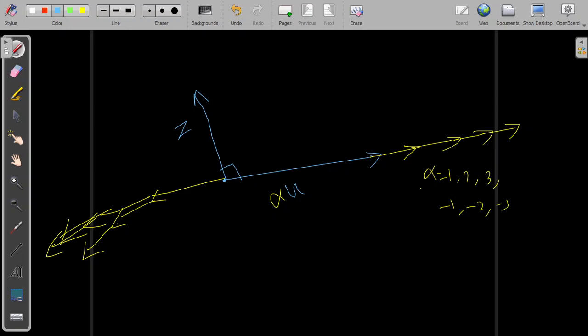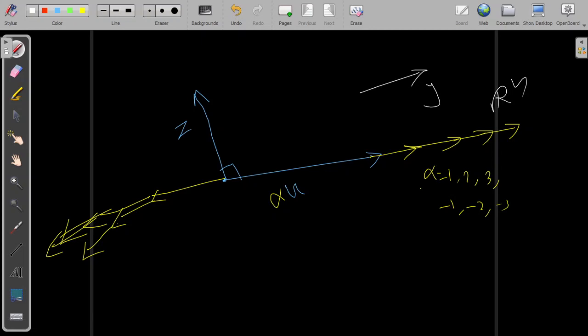Now I am considering another vector y in the same R^n. I am considering this entire board as the R^n space. So all these, alpha u, z, y, are vectors in R^n.